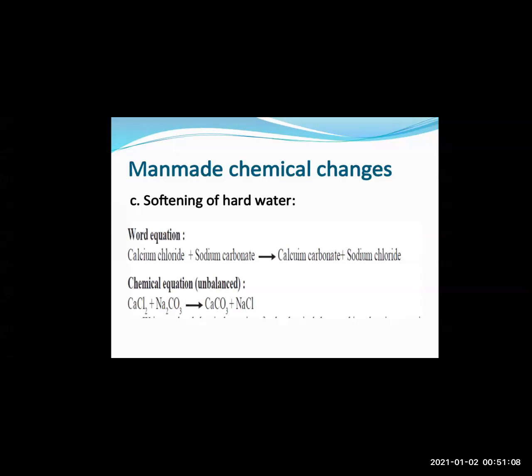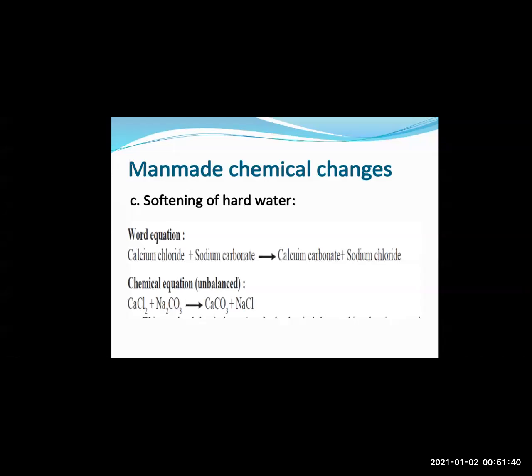When calcium chloride reacts with sodium carbonate, calcium carbonate and NaCl are formed. So calcium chloride, CaCl2, and sodium carbonate, Na2CO3, give calcium carbonate plus sodium chloride after the chemical change.